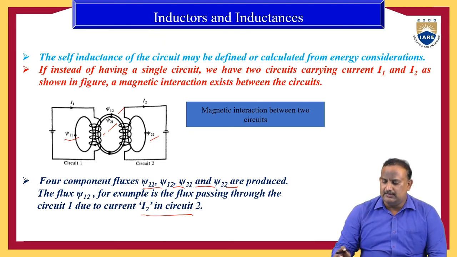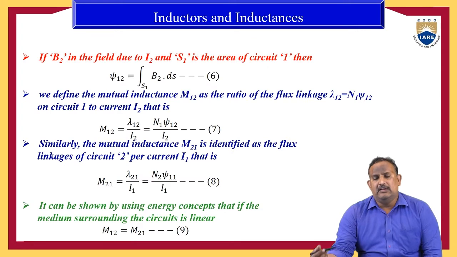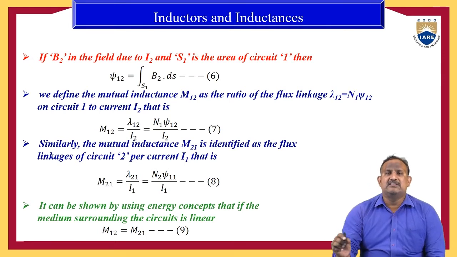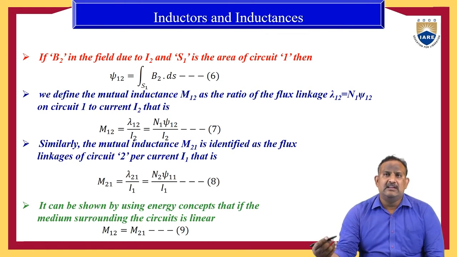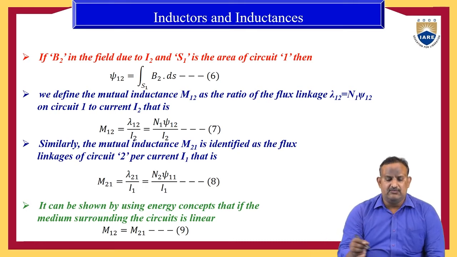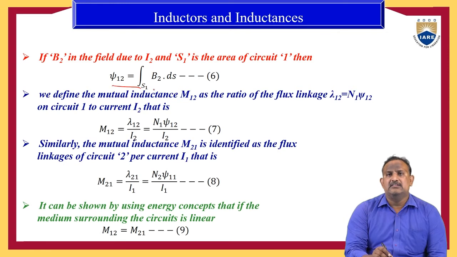Next, let us assume B2 is the magnetic flux density due to the current I2, and S1 is the area of circuit 1. Then we can define the flux psi12, the flux in 1 due to circuit 2: psi12 is equal to the integral over surface S1 of B2 dot ds.